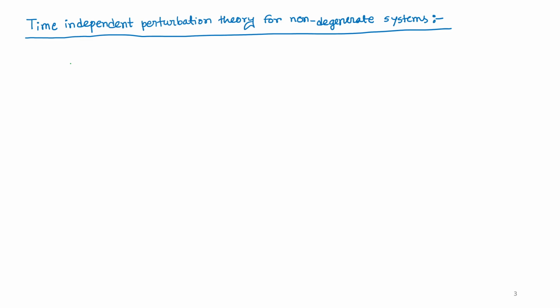So when there is no perturbation, how do we write the Schrodinger equation? I will write it once. The Schrodinger equation for an unperturbed system can be written as the Hamiltonian at zeroth order.